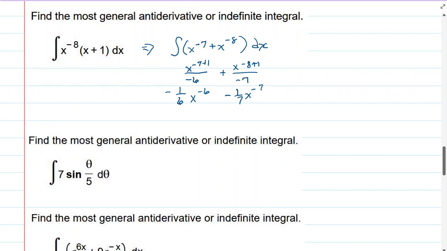And that's in the same form as it was given to us. Questions?